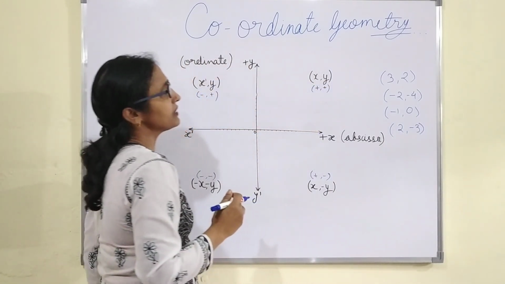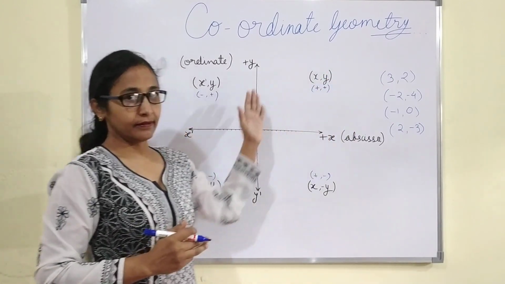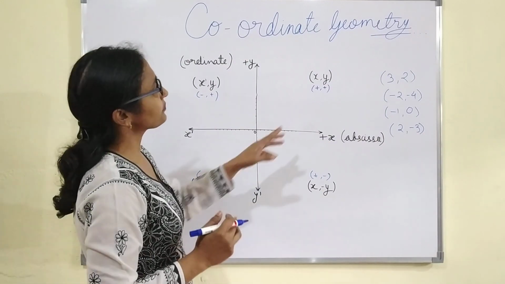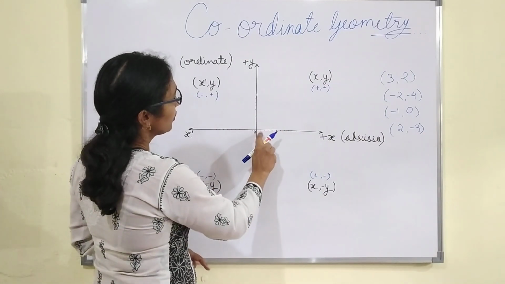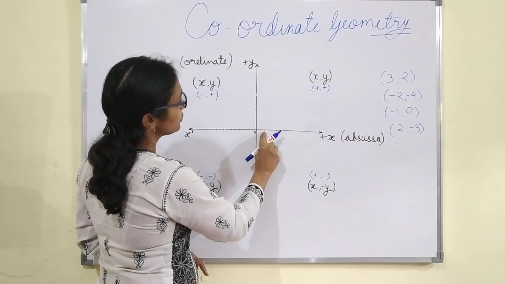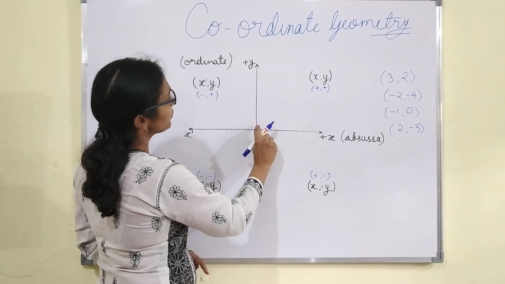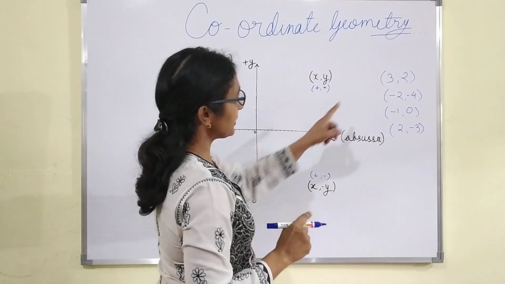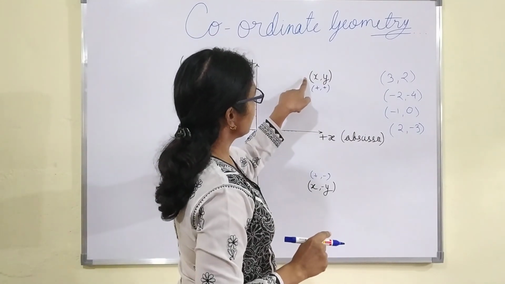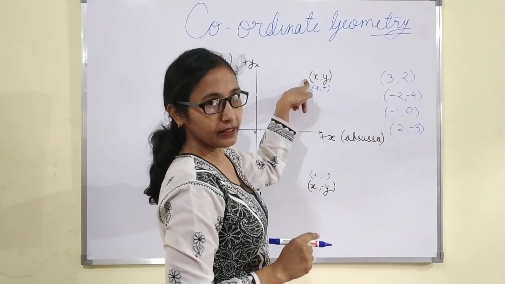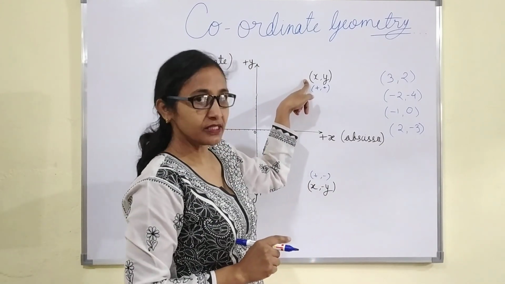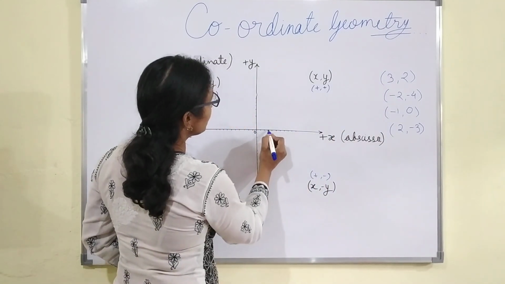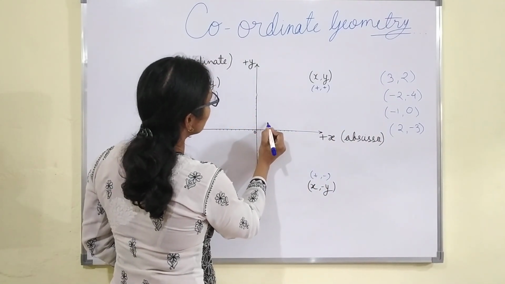I have to represent these coordinates on this graph paper, the Cartesian plane. For (3, 2), 3 units on the x-axis, 1 2 3, and 2 units on the y-axis. As I just told you, the abscissa comes first and we represent it on the x-axis. So (3, 2): 1 2 3 and 1 2.